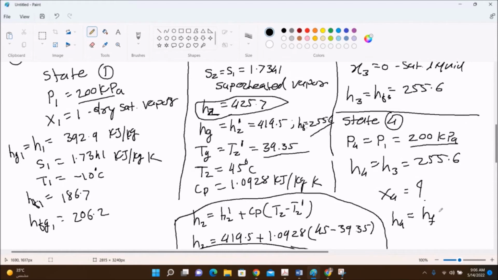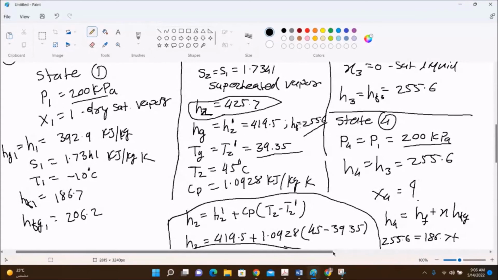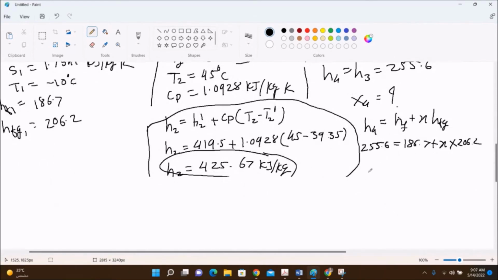So H4 equals HF plus X times HFG. I already have the values here. So 255.6 is equal to HF, which is 186.7, plus X multiplied by HFG, which is 206.2. So I will get X, that is nothing but X4.